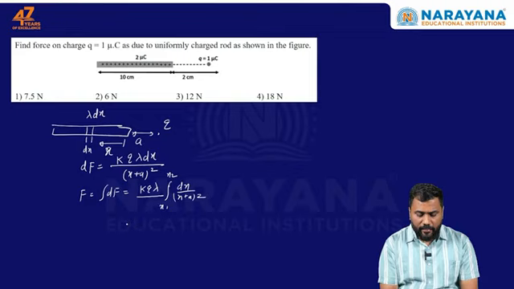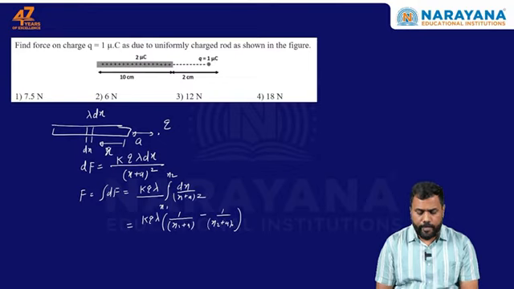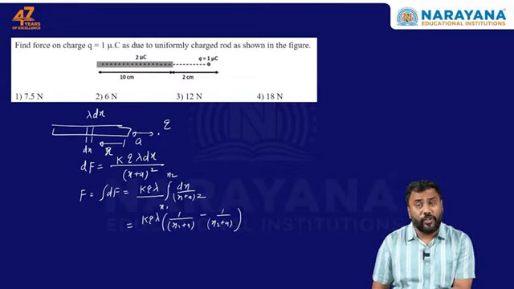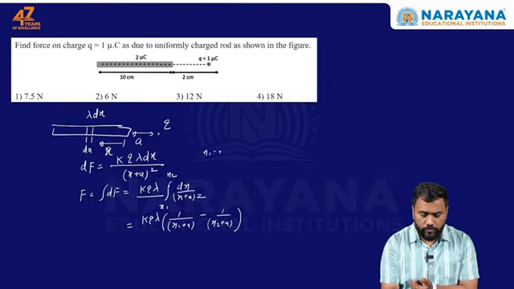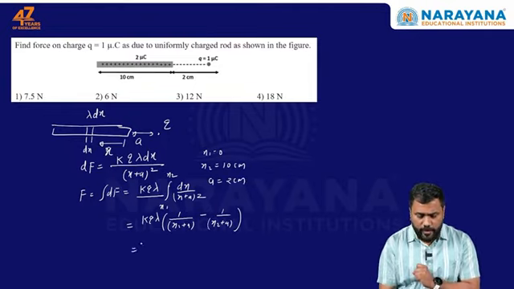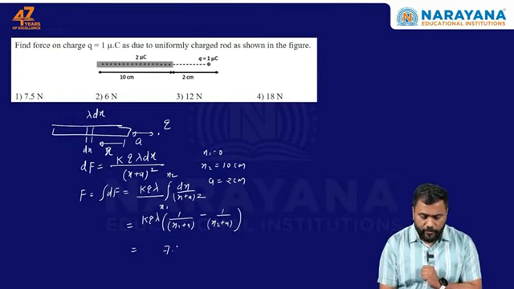If we put the values here and integrate, k q lambda times this expression is going to be 1 upon (x1 plus a) minus 1 upon (x2 plus a). x1, the smallest value of x, is going to be 0, and the bigger value of x is going to be 10 centimeter, and a is going to be 2 centimeter. If I substitute all these values in this expression and put the value of k, which is 9 into 10 to the power 9, I am getting an answer of 7.5 Newton.